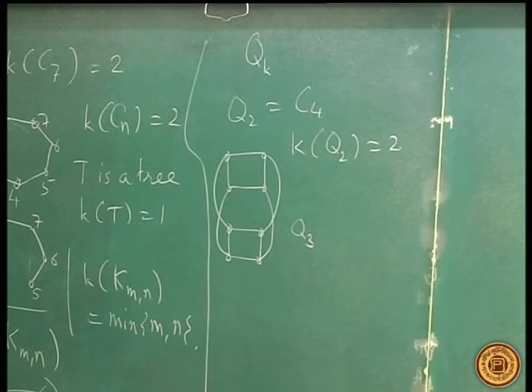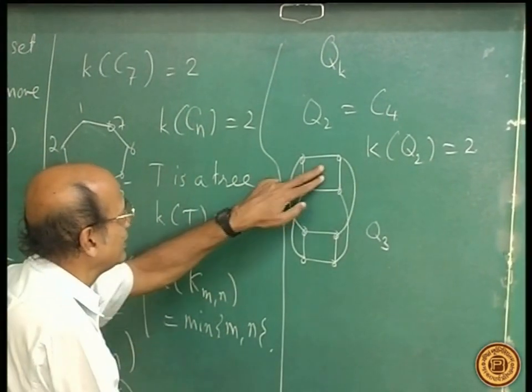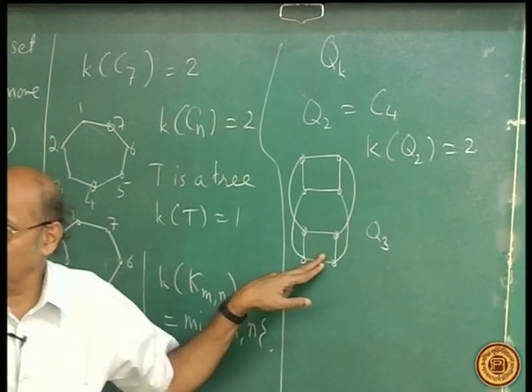So you just have to argue that a vertex cut in Q3 cannot have size 2. If you just remove 2 vertices, you cannot remove 2 vertices here and 2 vertices here. You certainly cannot do that.